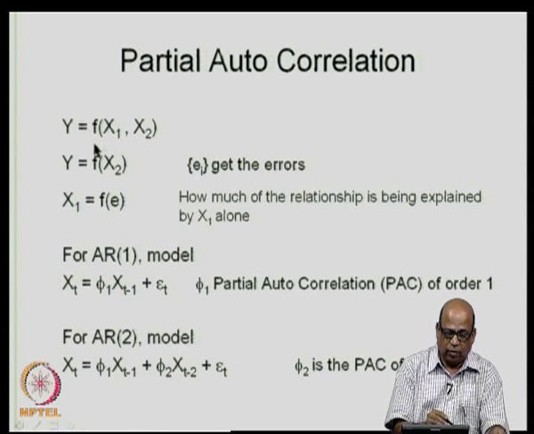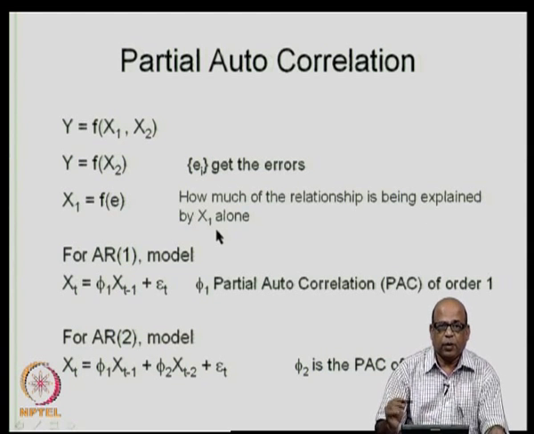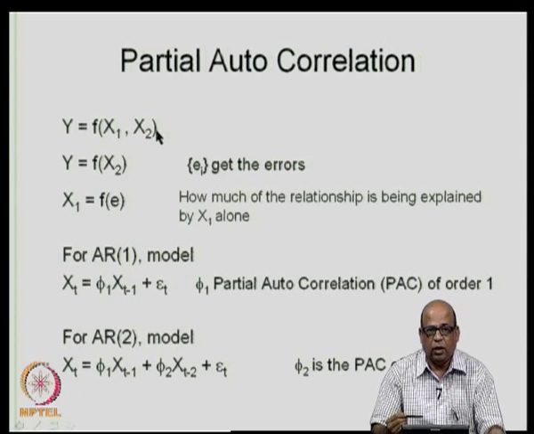For example, if you have y is equal to f of x 1 comma x 2, first you regress on x 2 only, then you get the error terms and then regress x 1 on the error terms that you get. So, you will be able to tell how much of the relationship is being explained by x 1 alone, and that indicates the partial autocorrelation.